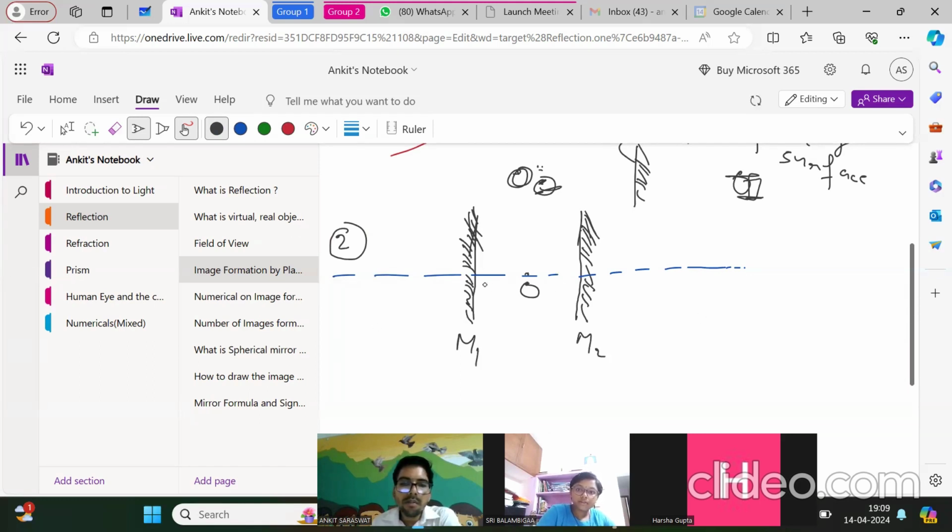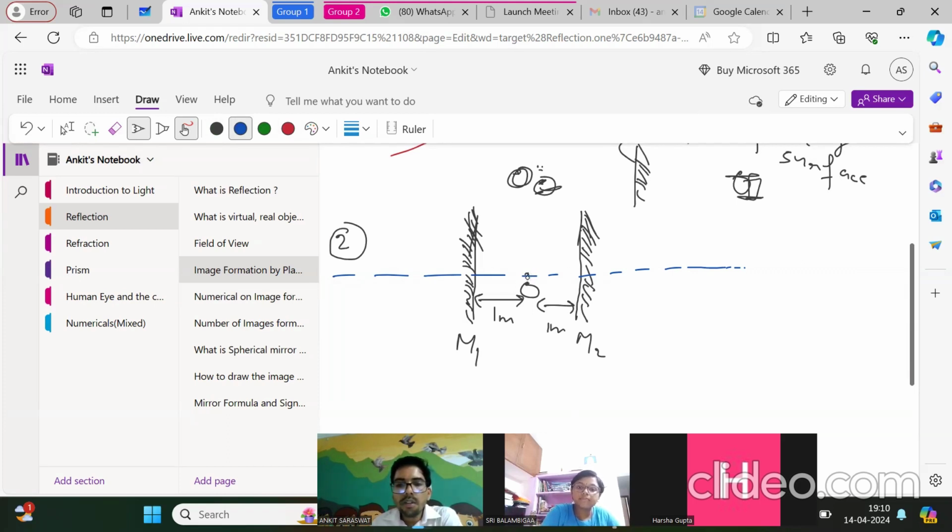For example, this is 1 meter from this, 1 meter from this. What do you say? The first image that will be formed is 1 meter here, and another image will be formed 1 meter on the other side. Now listen.